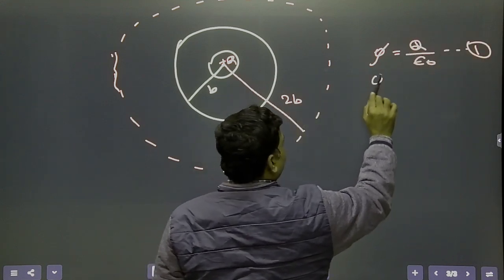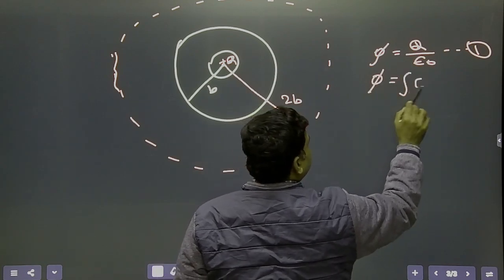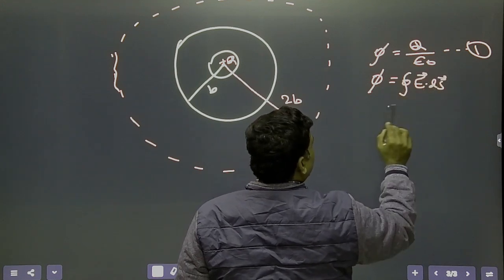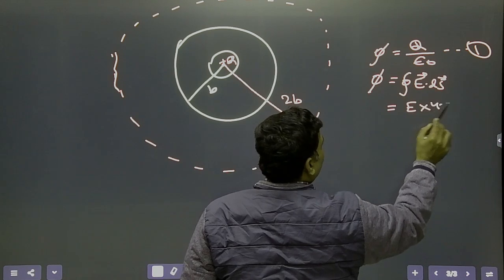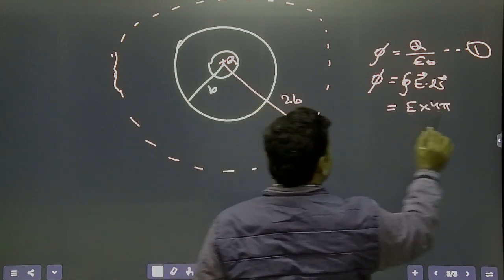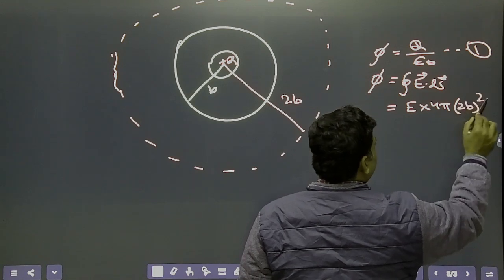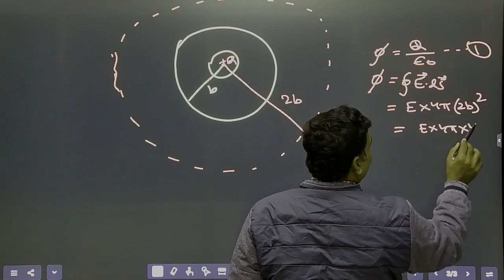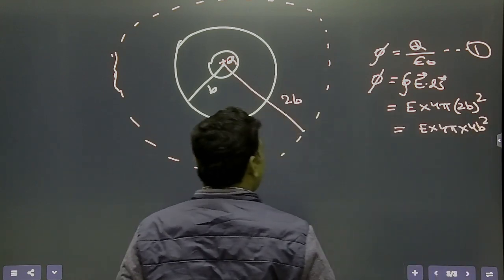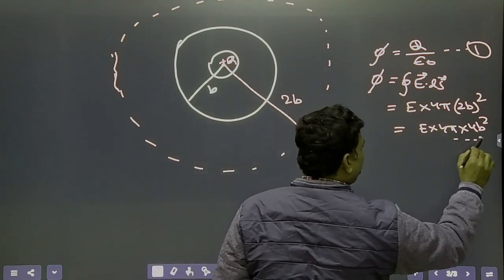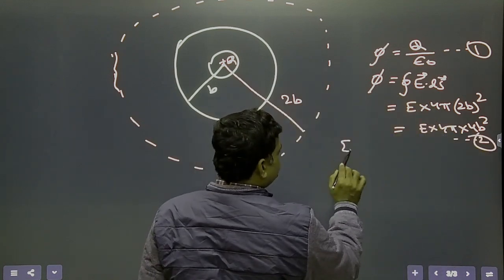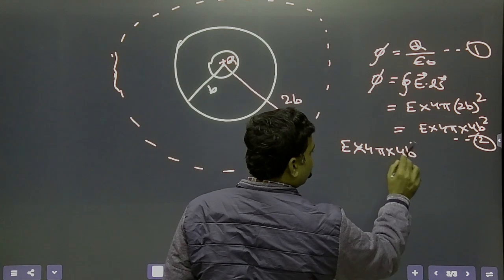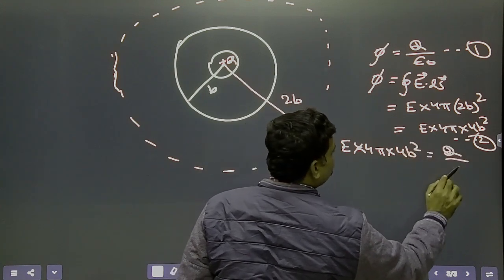Similarly, the other way to find the flux is the surface integral of the electric field intensity, which is E into 4 pi r square. In this case r is equal to 2B, so E into 4 pi into 4B square. Now equating these two equations, we get E into 4 pi into 4B square equals Q upon epsilon naught.